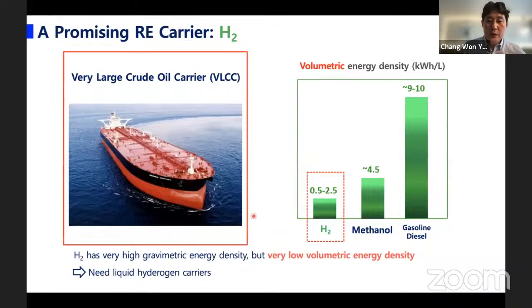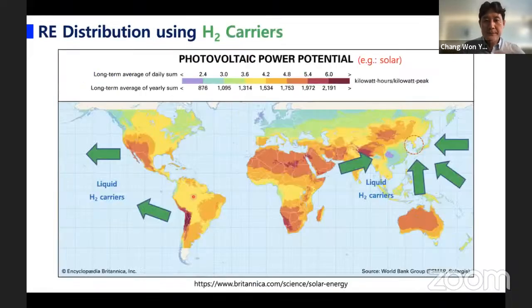Then what we need to do is store hydrogen using a liquid hydrogen carrier, and we fill the liquid hydrogen carrier inside these types of VLCC and transport it to a desired site. That's the concept.